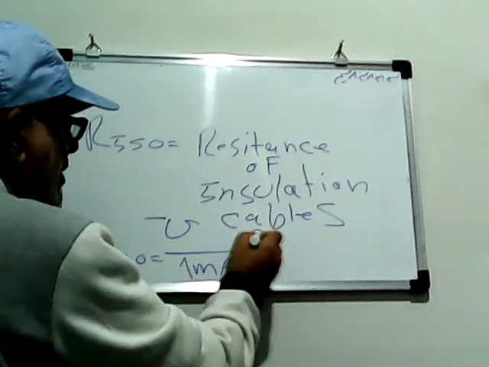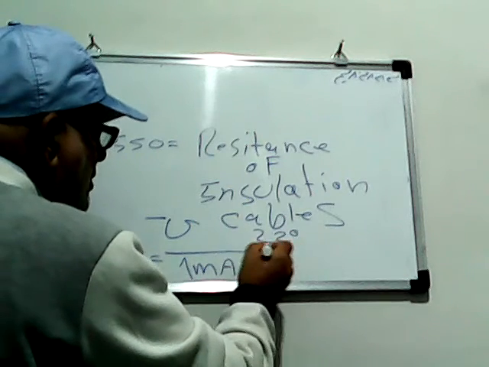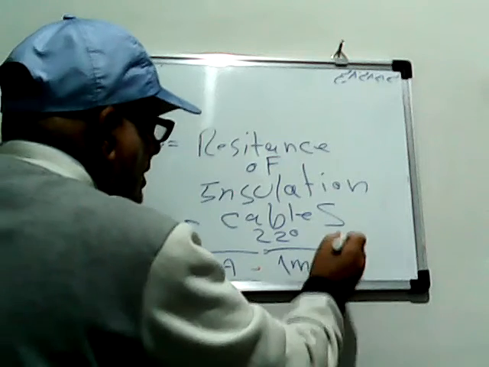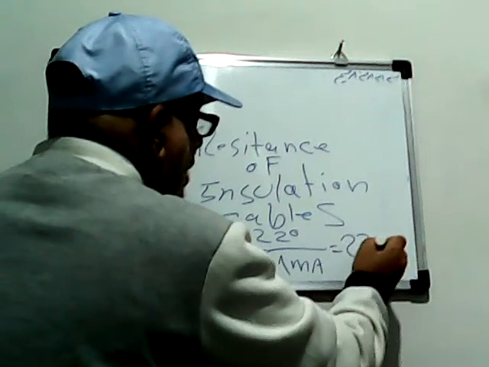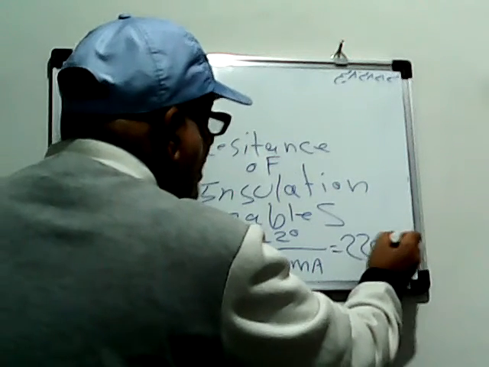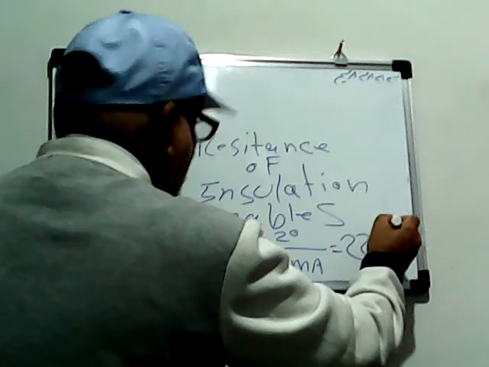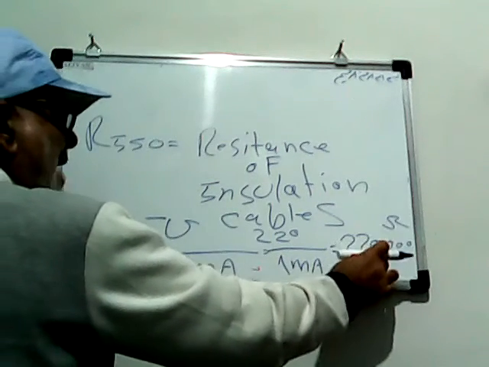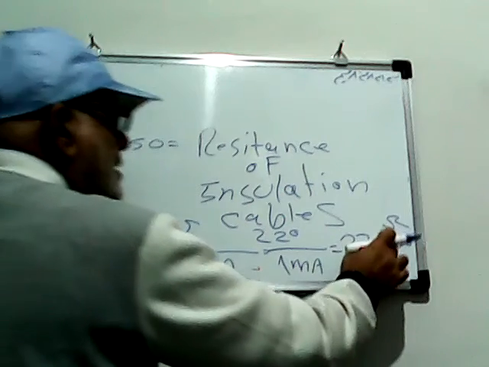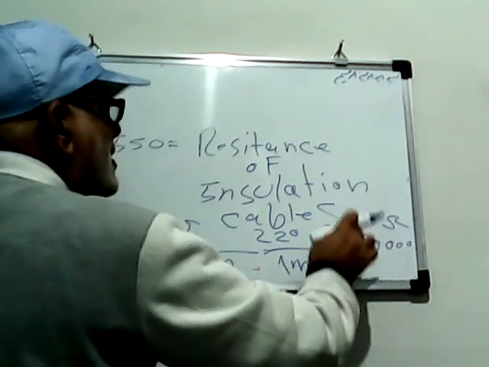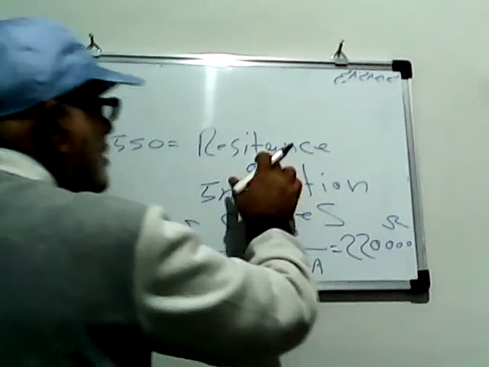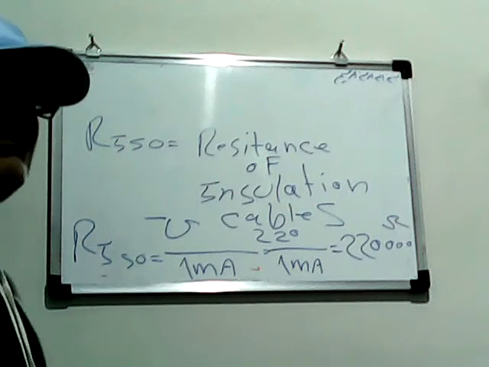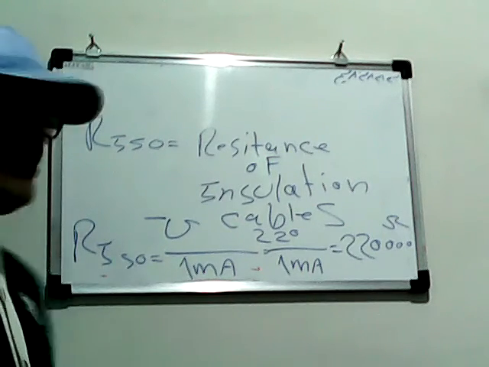For example, 220 volts divided by 1 milliampere equals 220,000 ohms. You should have 220 kilo ohms of insulation in a 220 volt distribution system.